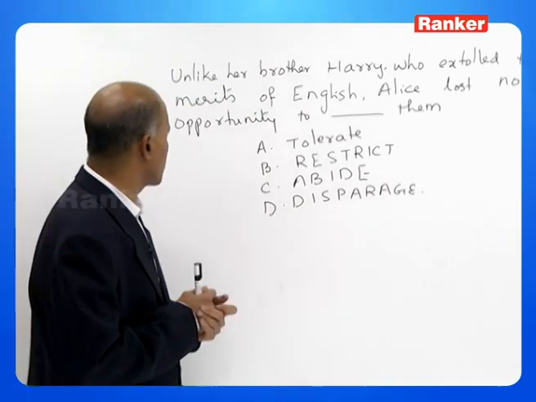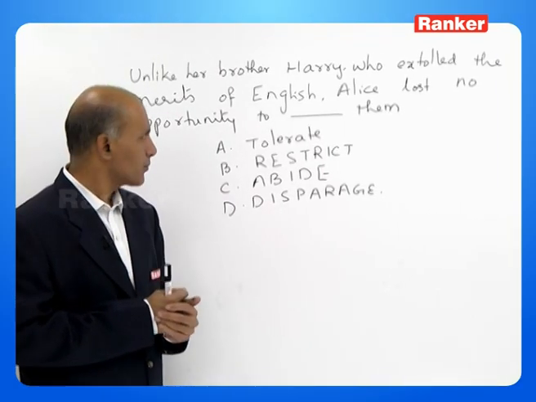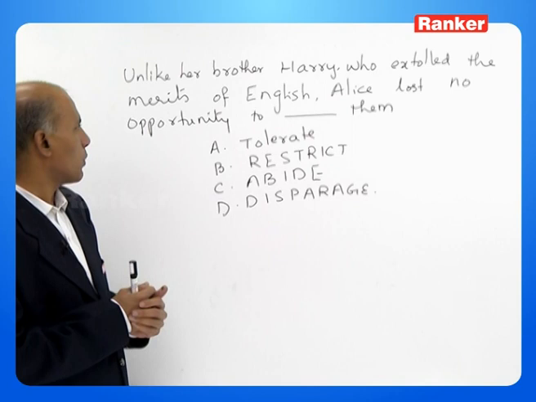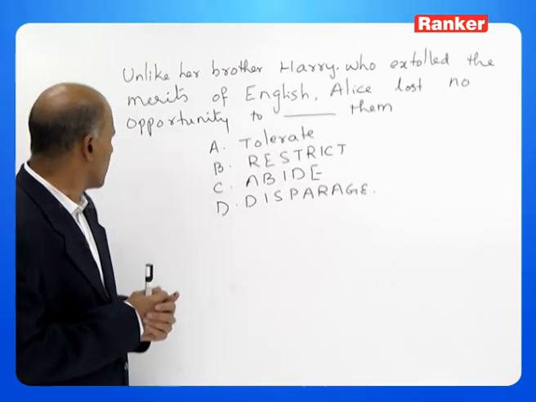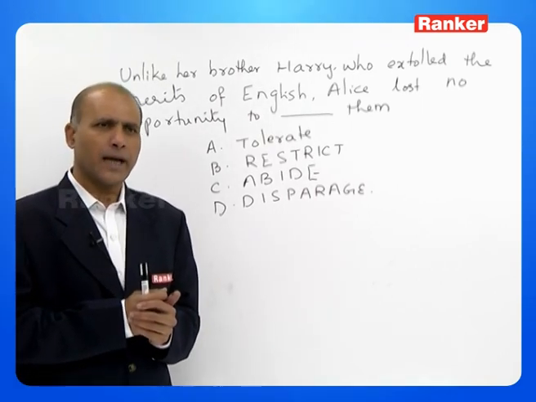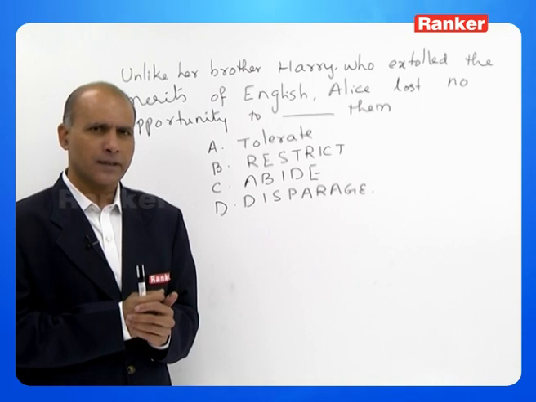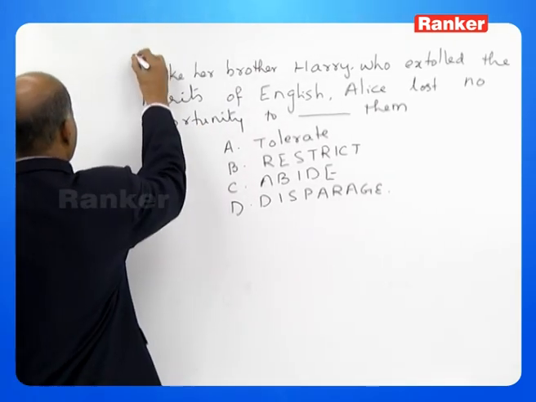One such question is this: unlike her brother Harry, who extolled the merits of English, Alice lost no opportunity to dash them. Here, the first indicator is a word called unlike.